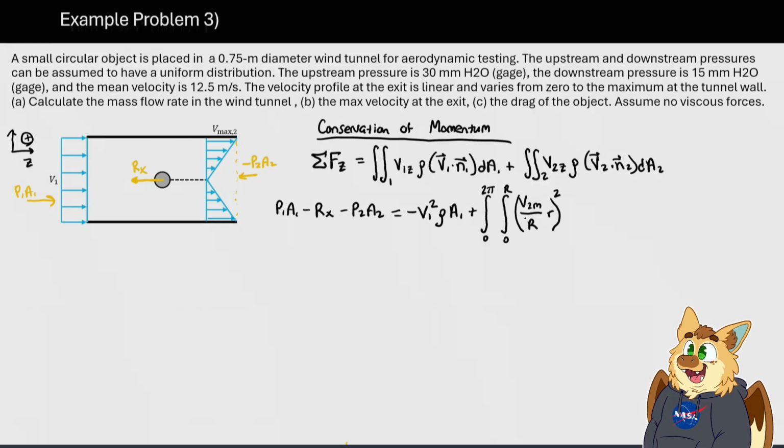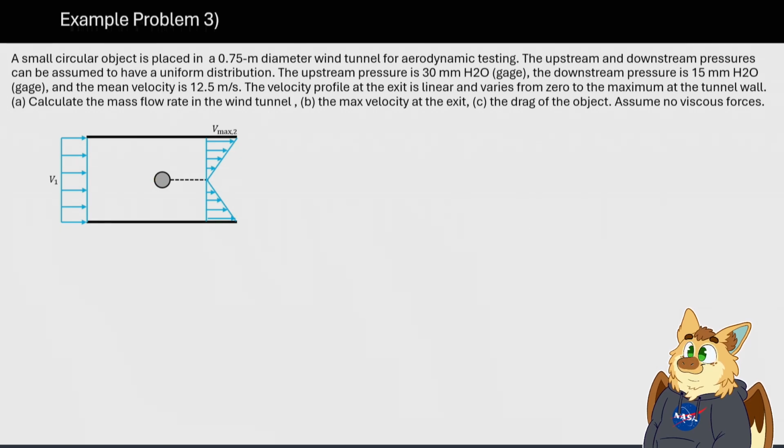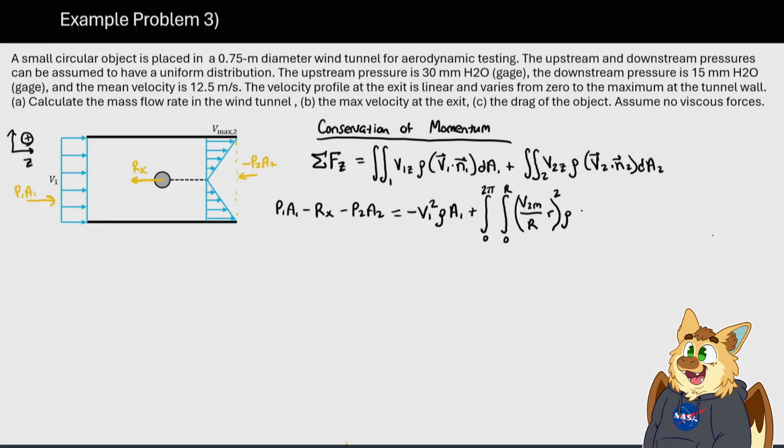So we have basically our velocity squared, multiplied by rho, and then remember, dA2 is simply r dr d theta, because when we're integrating from 0 to r and 0 to 2 pi, this is what our differential area can be represented as. And again, please check out a different video or a textbook if you're confused on that.